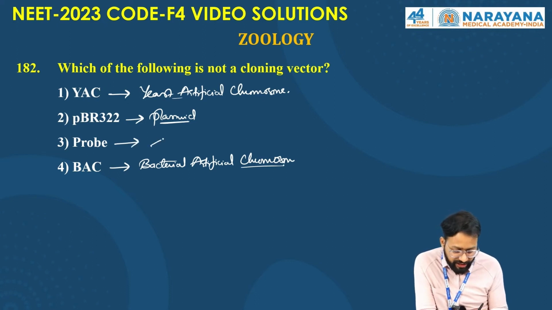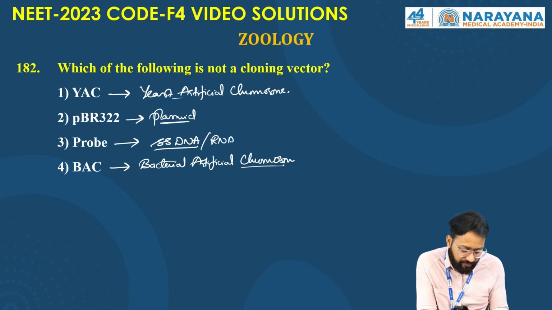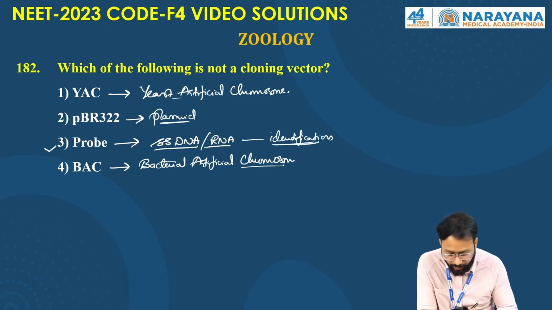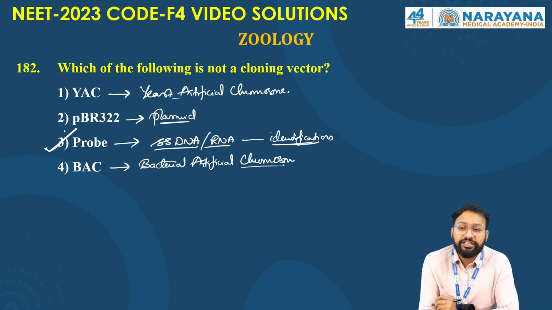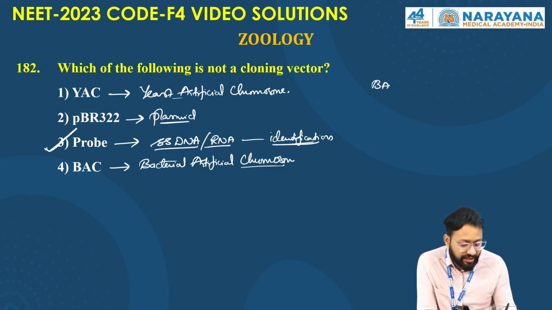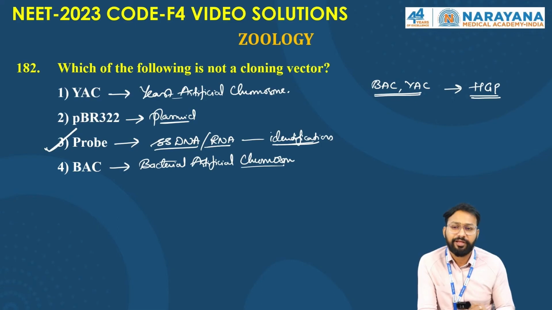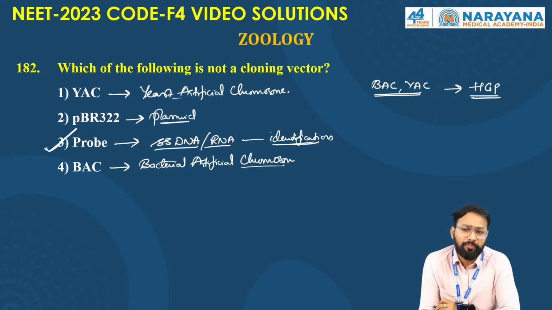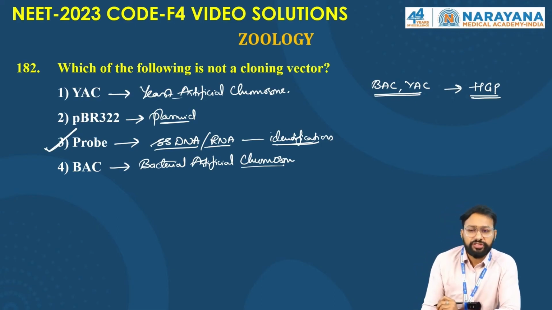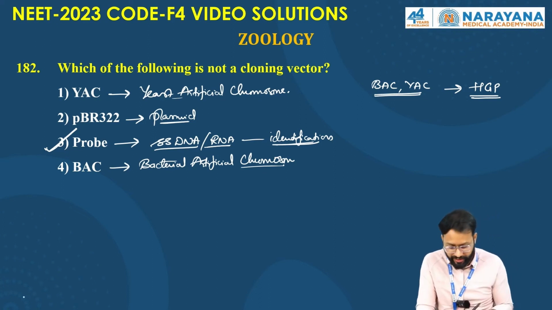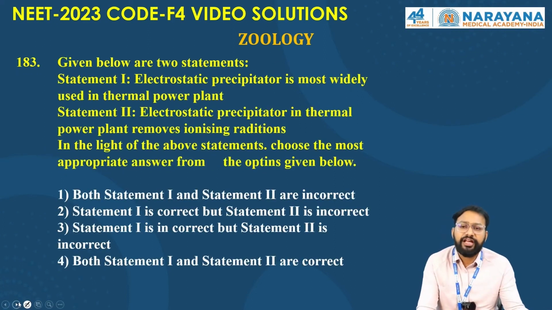Probe, if you see, it can be a single stranded DNA or RNA. It is used for identification. Right? So probe will be the answer. It is not a vector. YAC and BAC were used even in the Human Genome Project. And PBR 322, a very common type of plasmid vector which is used in rDNA technology. Right? Moving to the next question, question number 183.